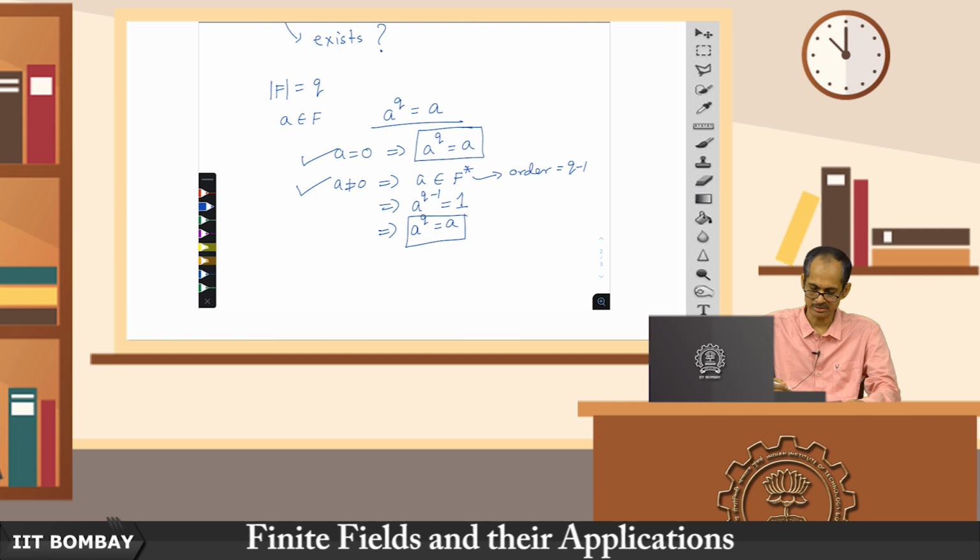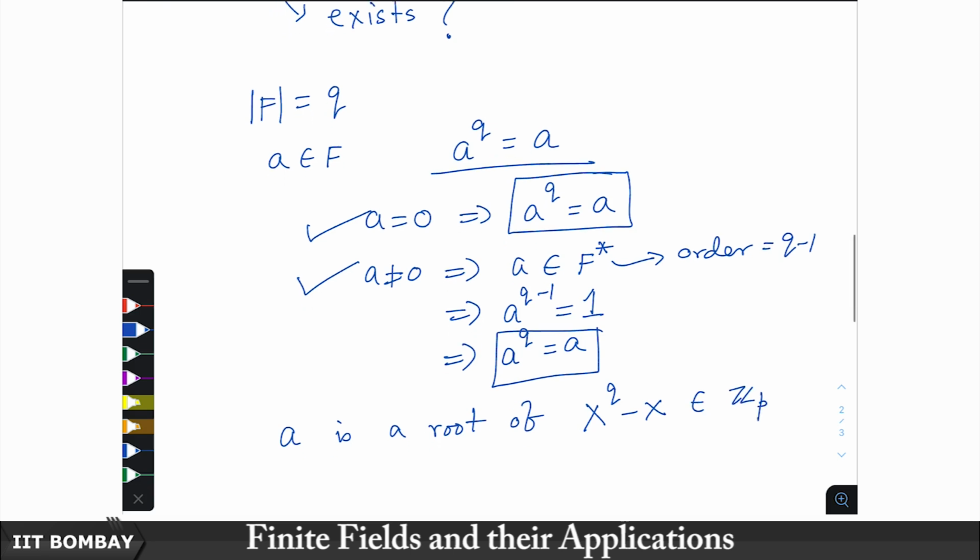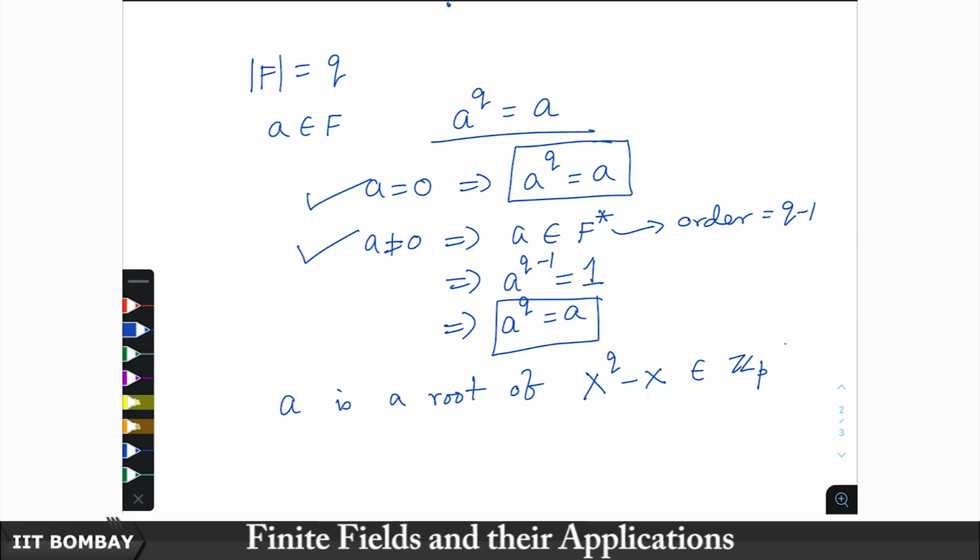Now, what does it mean, A power q equal to A? It means that A is a root of x power q minus x. Now, x power q minus x can be thought of as a polynomial over Z p. Its coefficients are just 1 and minus 1. So, it is a polynomial in Z p x, and A is a root of that.